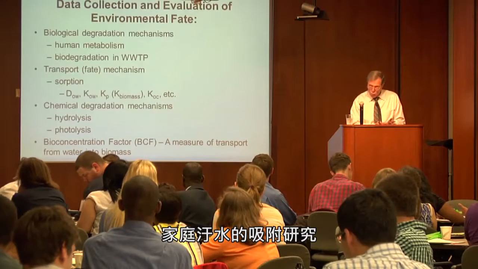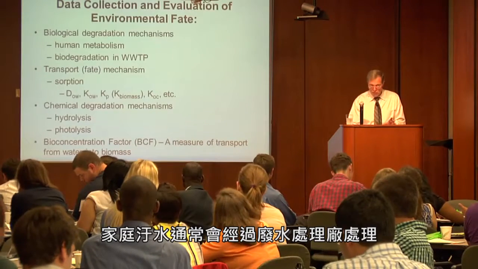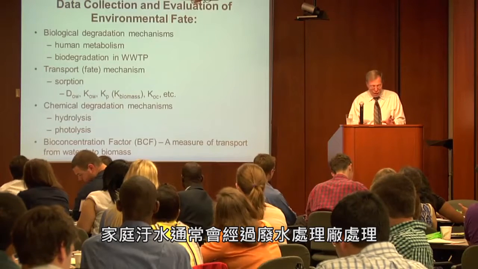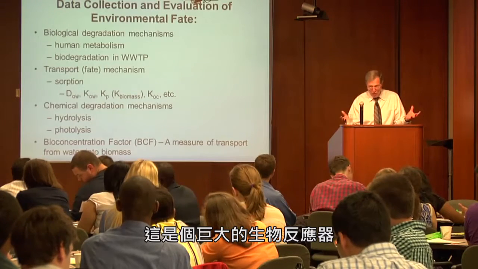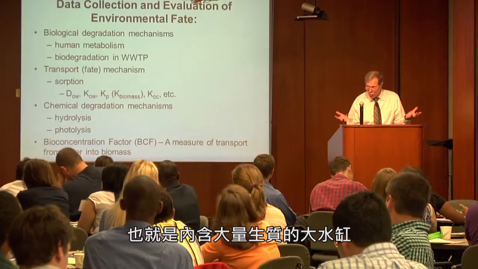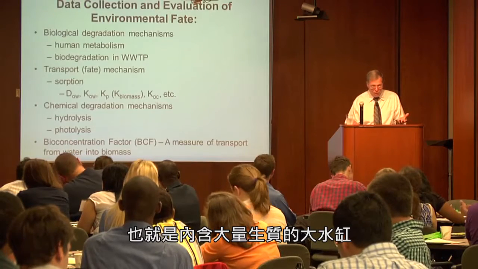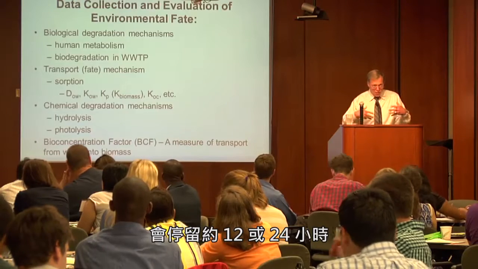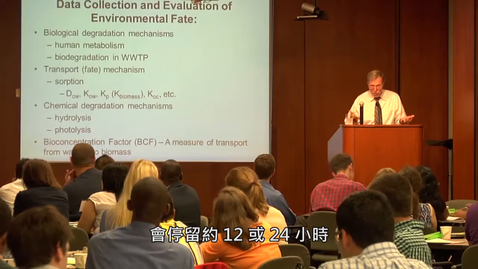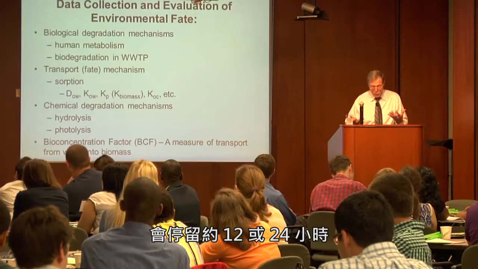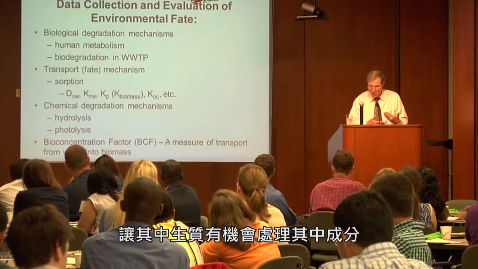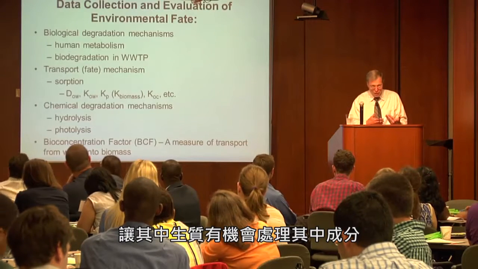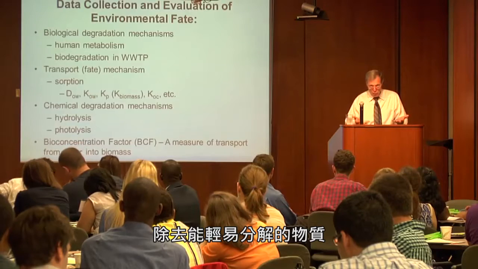Domestic wastewater typically passes through a wastewater treatment plant. That is a large bioreactor, essentially a big tank of water that has a lot of biomass in it, and the wastewater goes into this. There's about 12, 24 hours, depending on the particular plant, where the biomass in there has a chance to eat whatever is in there, removes the easily degradable material.